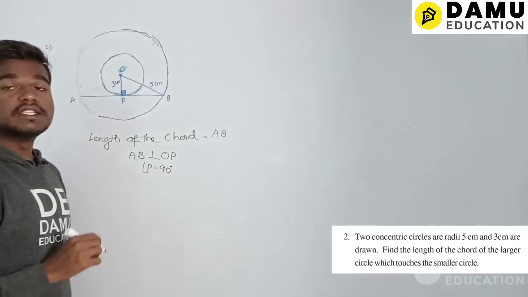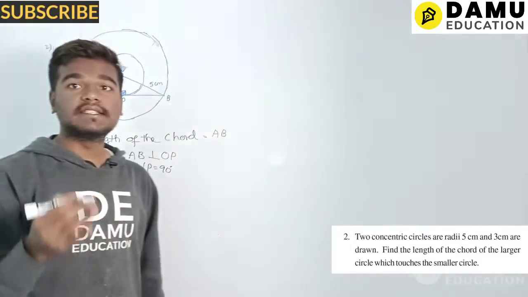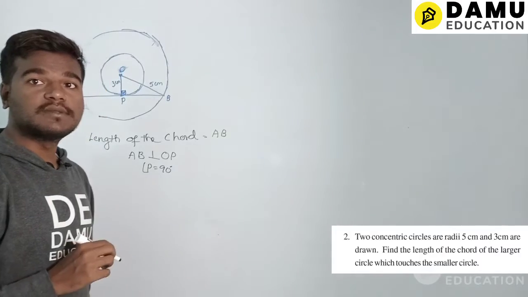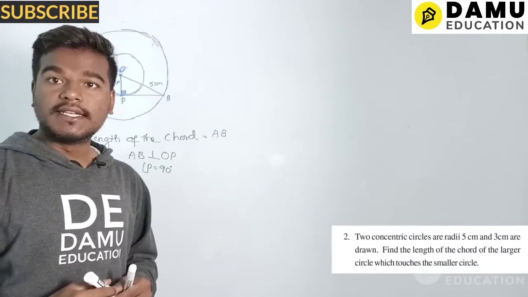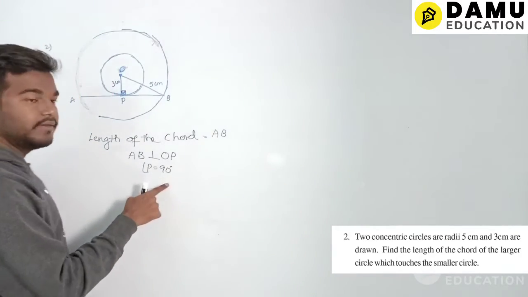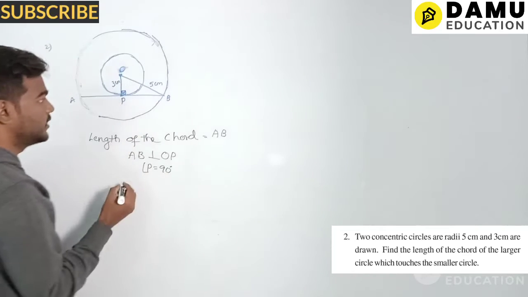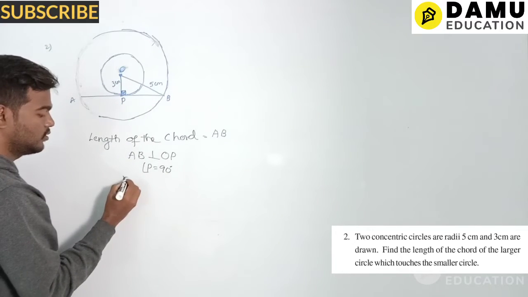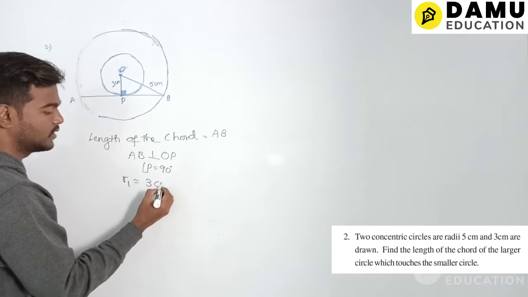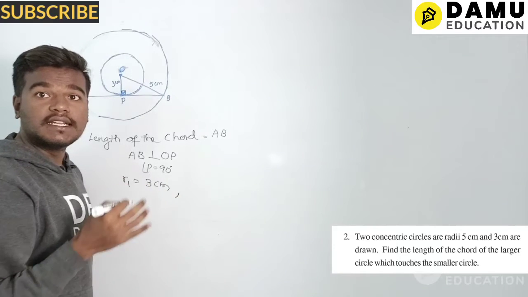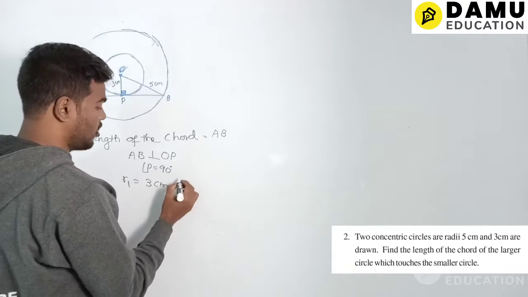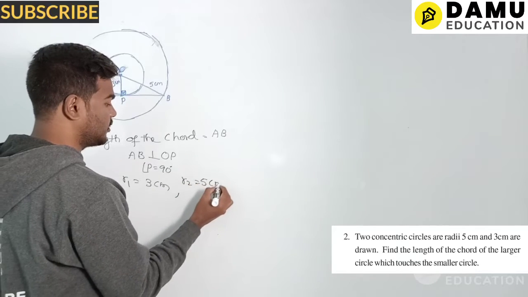What is the radius of the smaller circle? R1, the radius of the smaller circle, is 3 cm. Then what is the radius of the bigger circle? That is R2, which is equal to 5 cm.